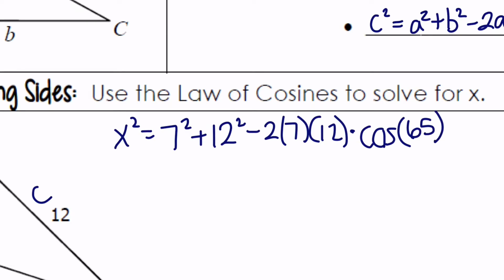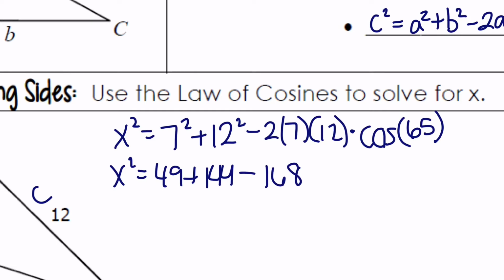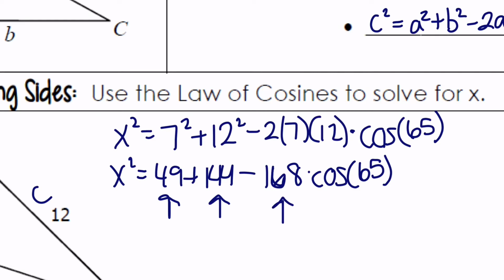Okay, and now all I do is solve. So x squared equals 49 plus 144 minus 168 times the cosine of 65. So this is 7 squared, this is 12 squared, and then I went ahead and took 2 times 7 times 12 to get 168, times the cosine of 65.